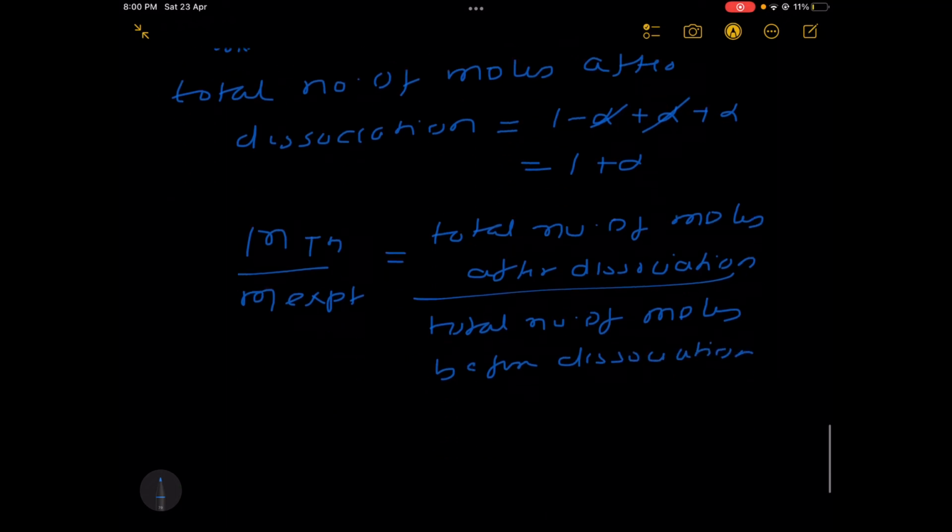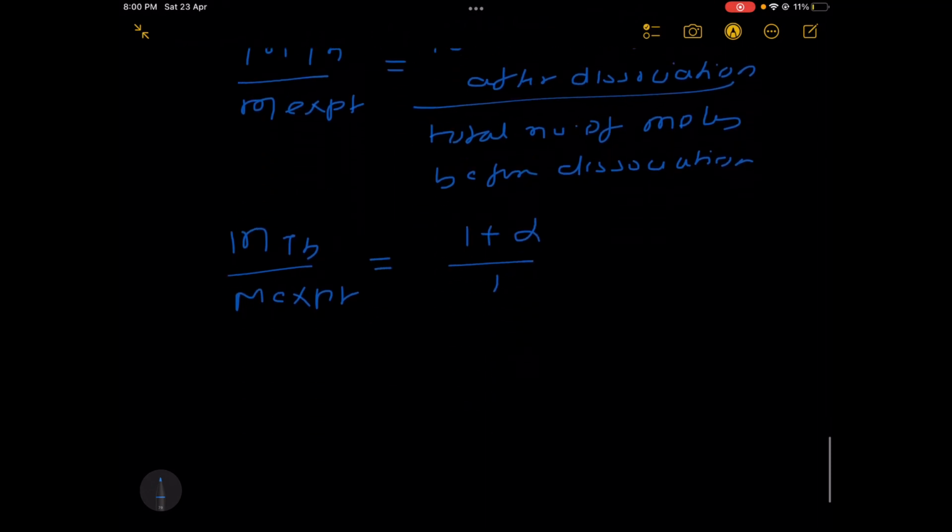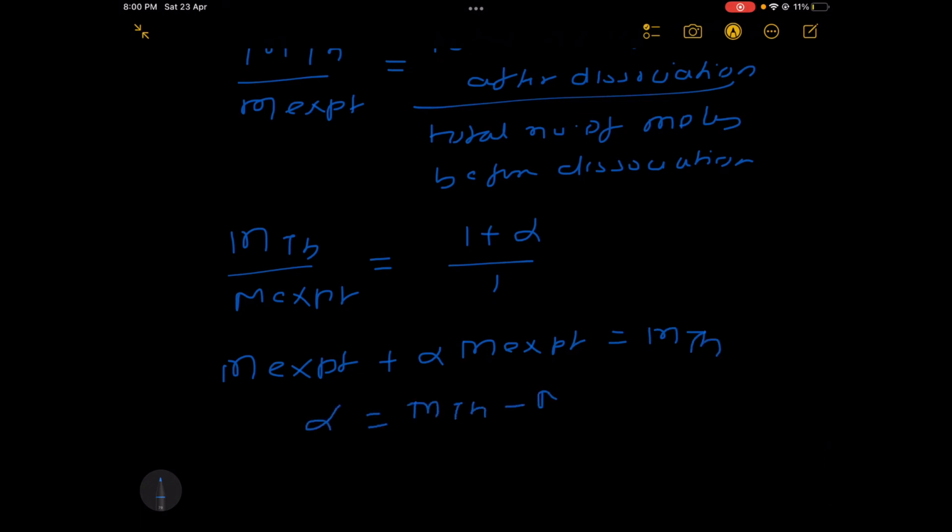So M theoretical by M experimental will be equal to 1 plus alpha by 1. You can cross multiply: M experimental plus alpha into M experimental is equal to M theoretical, so alpha will be equal to M theoretical minus M experimental by M experimental. This is the degree of dissociation, abnormal molecular weight due to degree of dissociation.